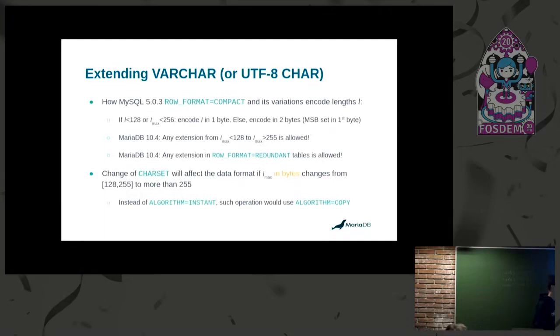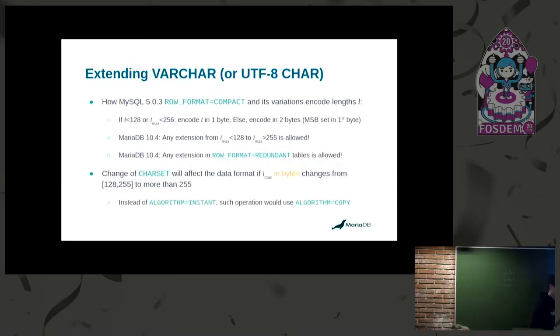And also for the original row format of InnoDB, where we explicitly store the lengths of all columns, we can allow any extension of varchar columns. For char columns in UTF-8, we are internally in this new format using a variable length format. So this applies also to char columns, but not for row format redundant.